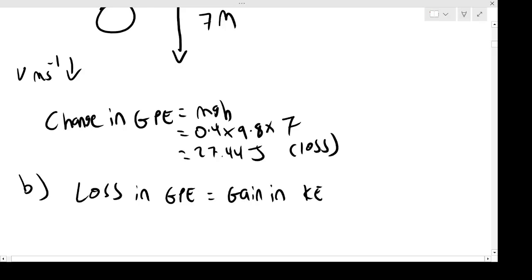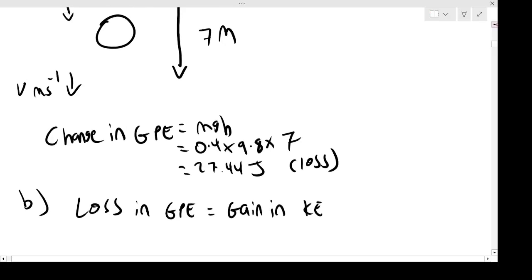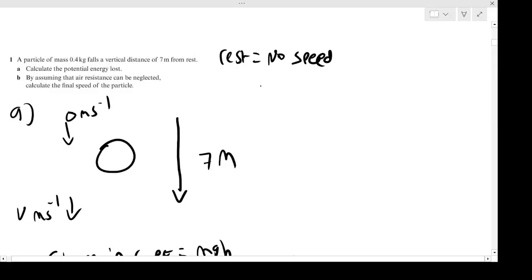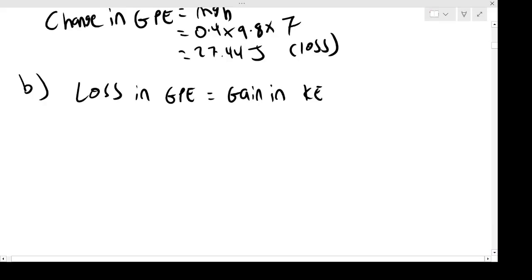These are the only two energies we consider in this chapter: kinetic energy and gravitational energy. Nothing else for now. We know the loss is 27.44, we worked that out. That has to be the gain in kinetic energy.